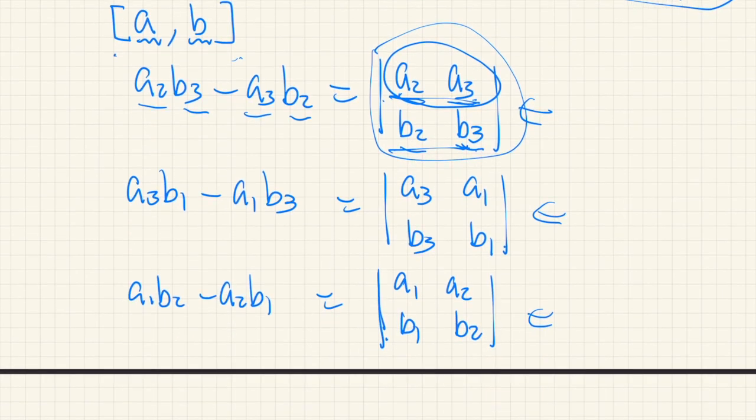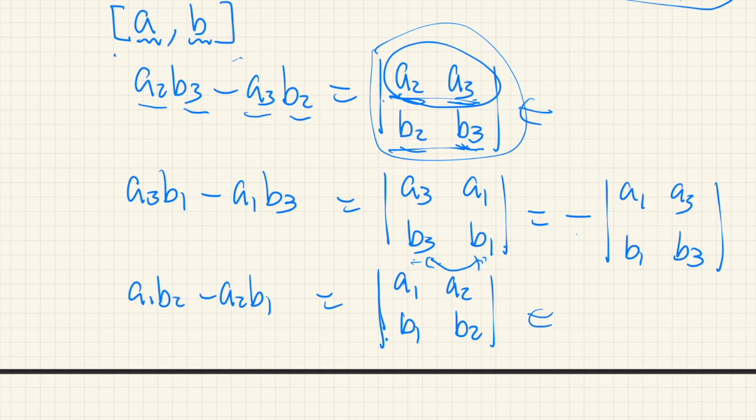And for the second component, we remove the second components of A and B, and we swap. Or maybe, using the property of the matrix determinant, you can write a negative sign and swap these columns, and A1, A3, B1, B3, same thing.